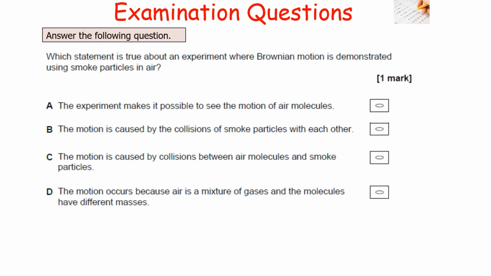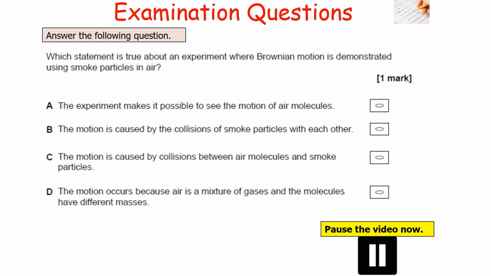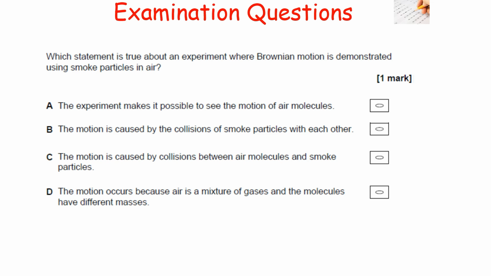The next question. Which statement is true about an experiment where Brownian motion is demonstrated using smoke particles in air? Pause the video now, then unpause the video when you want to go through your answer. Right, so again, we've got to understand what Brownian motion is showing us and what the effect is demonstrating.